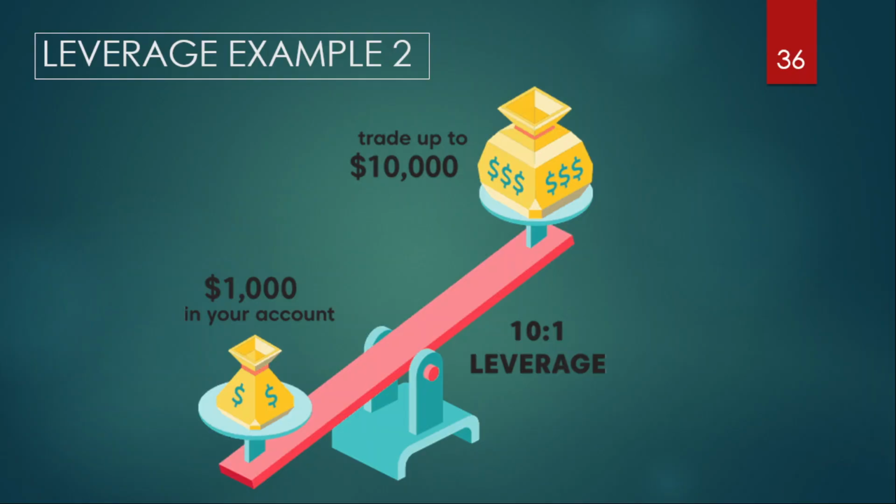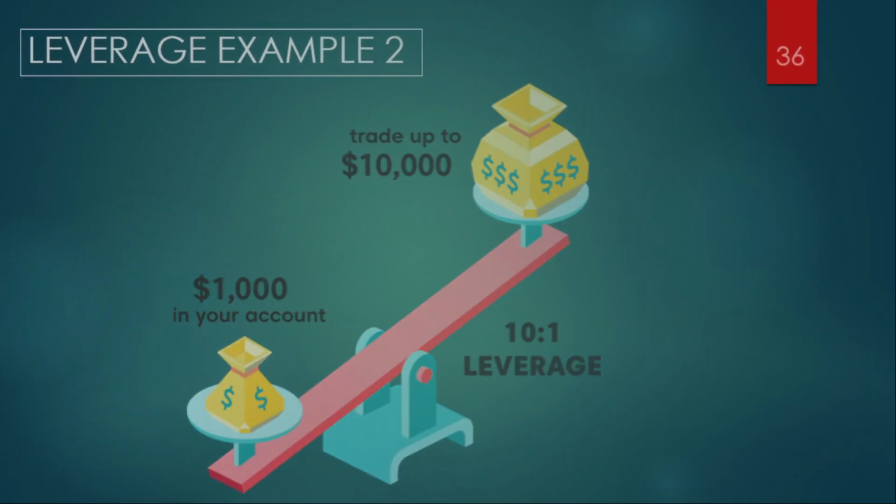It shows you that with $1,000 and a leverage of 10 to 1, you could buy or sell or make orders that you could make when you have $10,000 in your account.